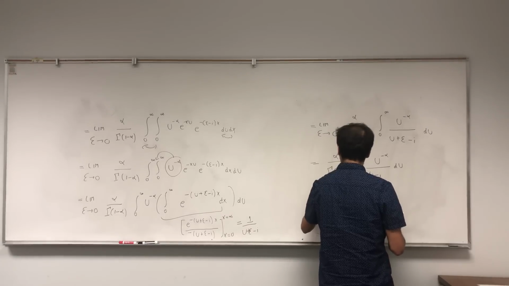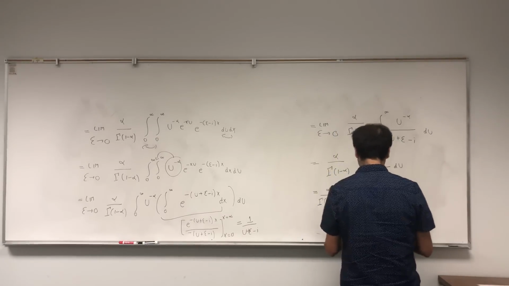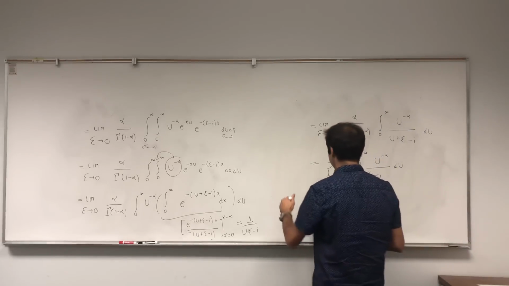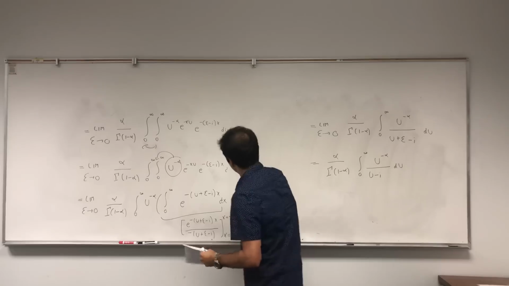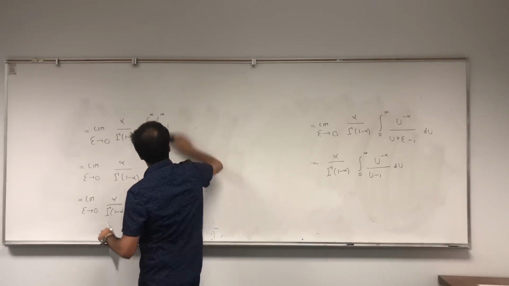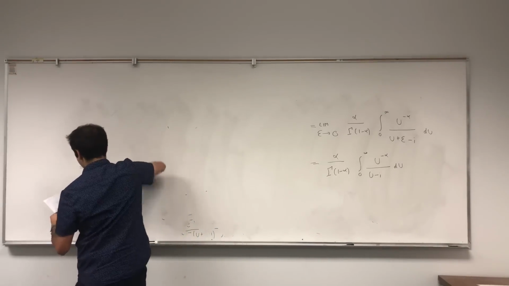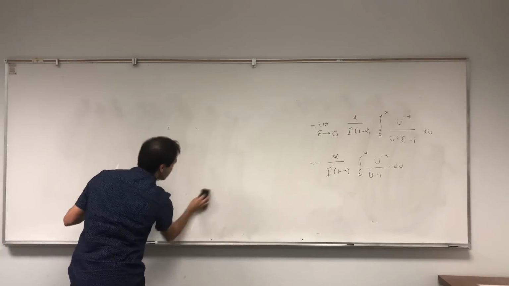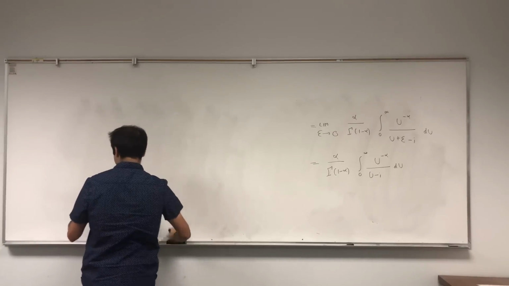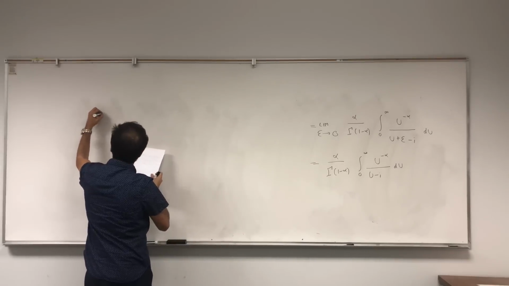So we get alpha over gamma of 1 minus alpha, and I guess this is step 5. I want to say we're like two-thirds done. So not almost done, but close. So step 5.